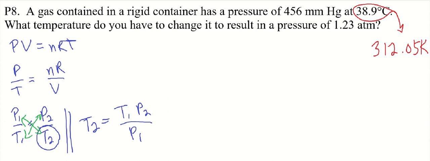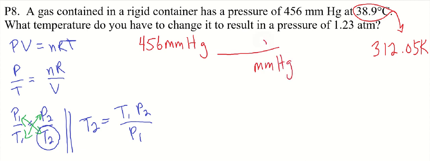We need one more conversion because we have two different units of pressure. It doesn't really matter, let's convert to atmospheres. So let's convert millimeters of mercury to atmospheres. 456 millimeters of mercury. We need millimeters of mercury on the bottom of our conversion factor, and the desired unit on the other side.